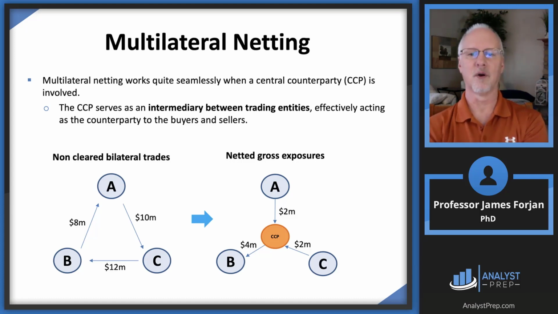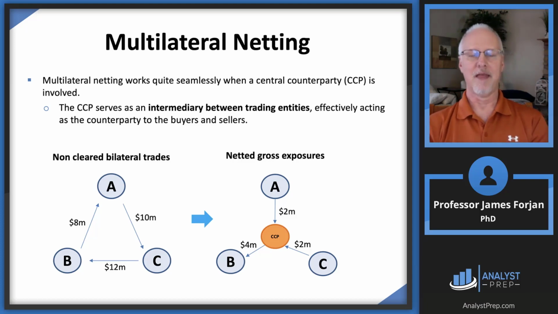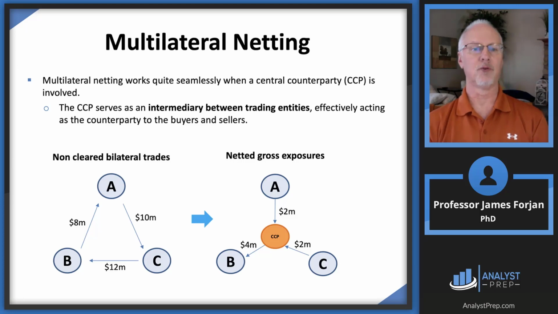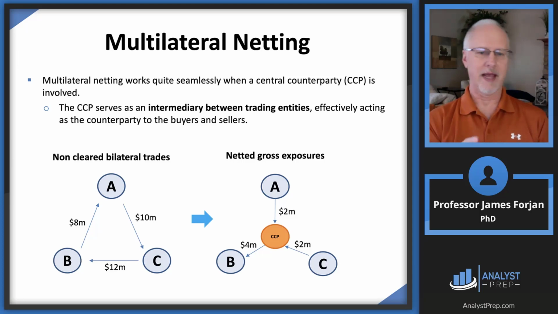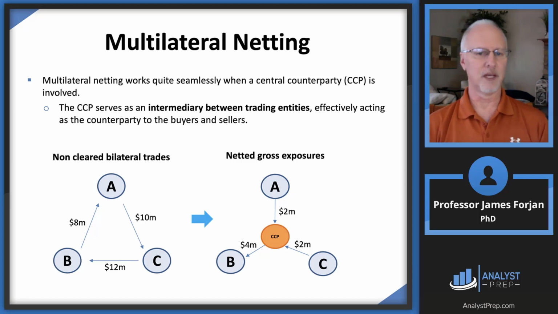So there's another entity in there that's keeping track of all of these bilateral trades and increases efficiency by just doing this netted gross exposures. Now, of course, A and B and C are willing to pay the central counterparty generally a small fee to make our life easier and to make this netting much more efficient.